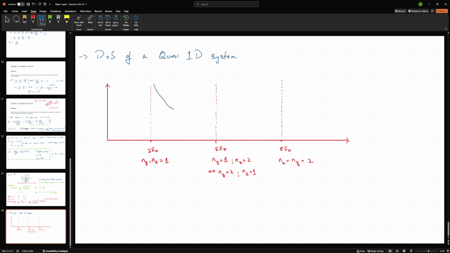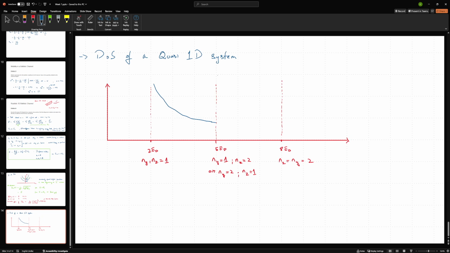It's going to fall as 1 upon x all the way up until this line. But notice once it comes to this energy level, other parabolae are going to add to themselves. So this line is going to get kicked up by the line coming from here. So this will jump up.